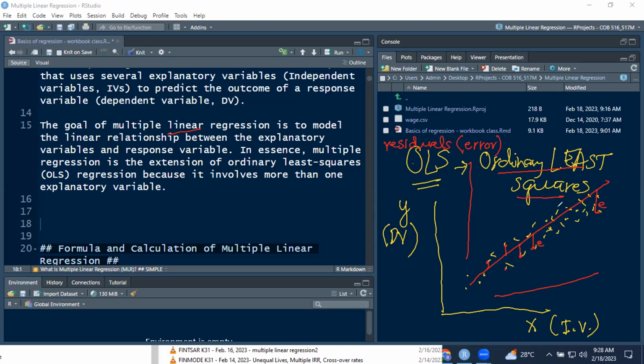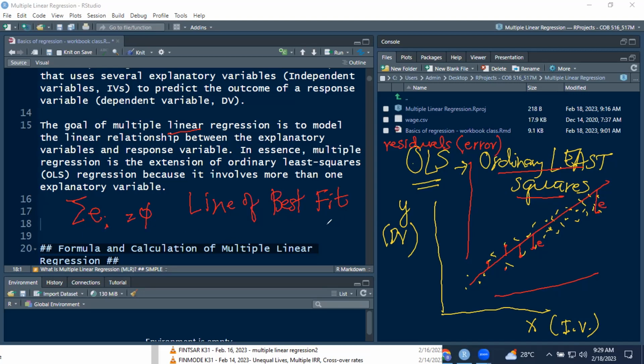Now this OLS line is also known as the line of best fit. It has one characteristic: if you add up all the error terms, number one, the sum will be equal to 0.